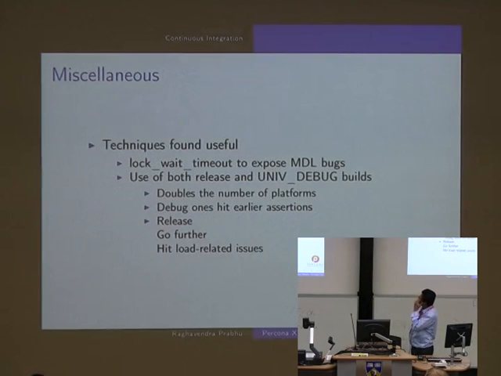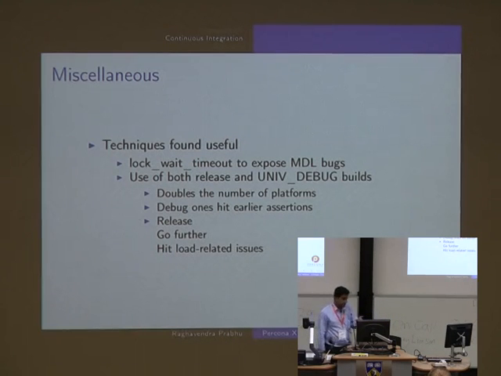Okay, miscellaneous. These are some of the techniques which I used. You may notice this lock wait timeout is not the InnoDB lock wait timeout, which you may be thinking of. It's the MDL lock wait timeout. It is set to 1 year by default. I don't know the reason for that. When it's set to 1 year, the test can hang for a long time without revealing where the problem lies.